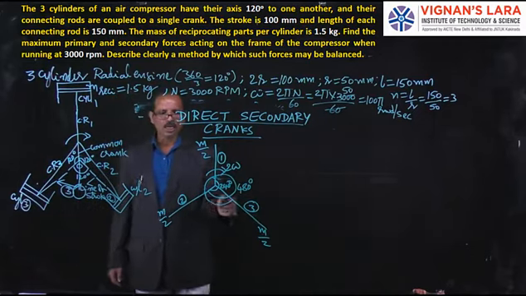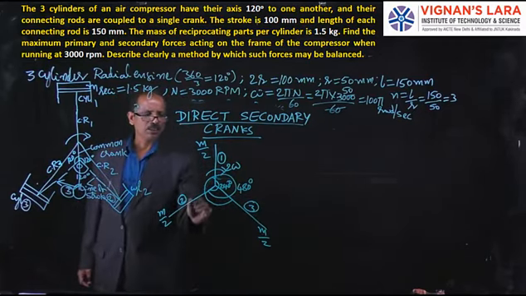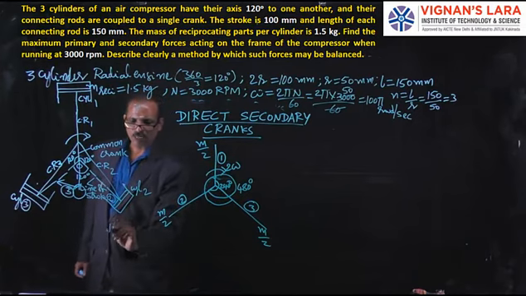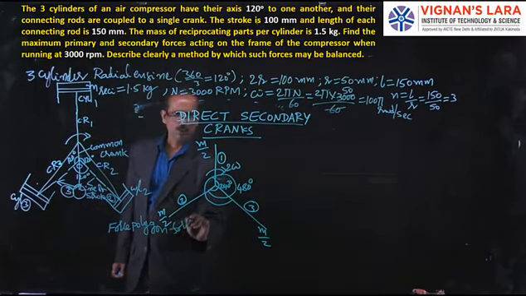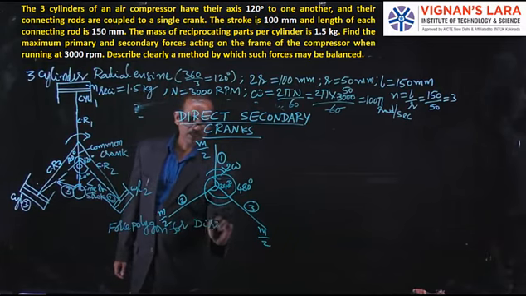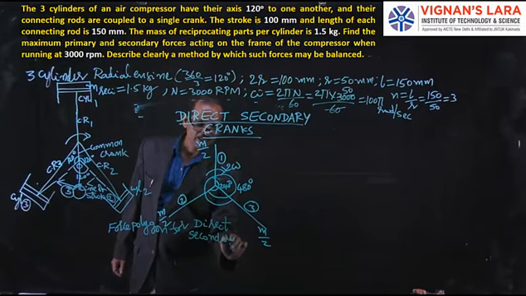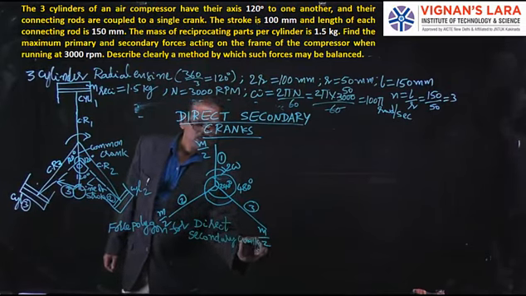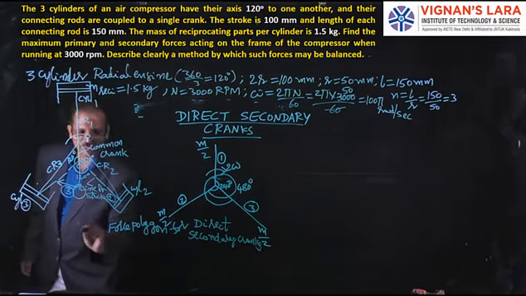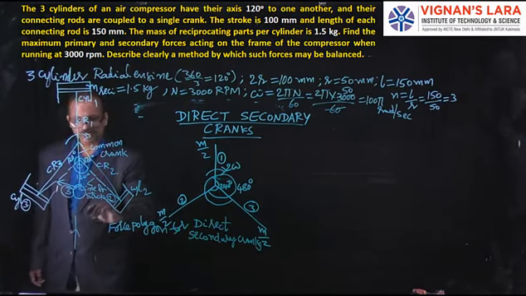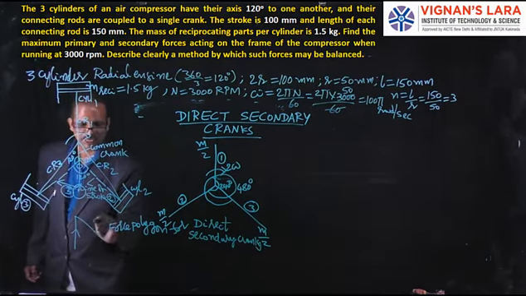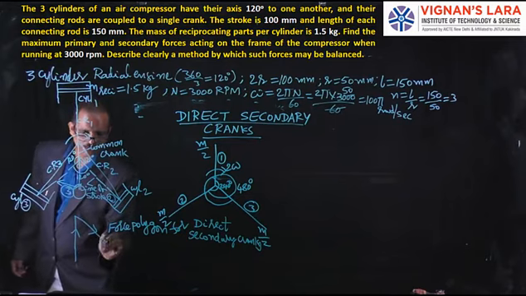So if you draw the polygon for this, the force polygon for direct secondary cranks, the polygon is like here, the other one is third one like this, and the second one is like this.